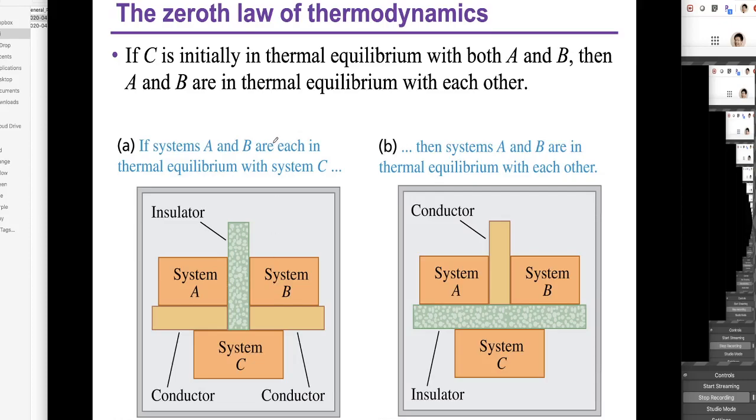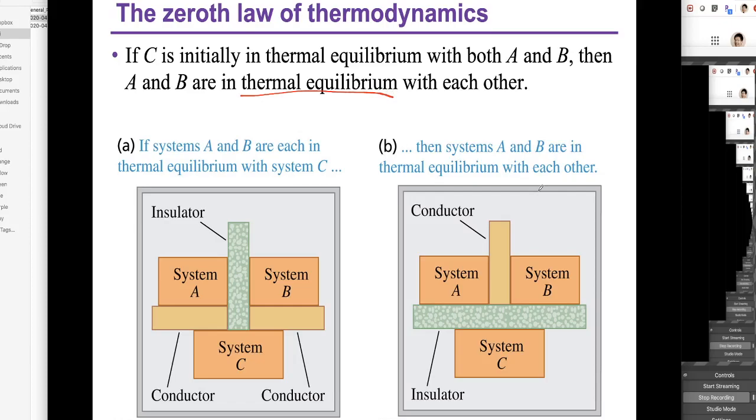have thermal equilibrium. Because, do you remember? Thermal equilibrium means they have the same temperature. Now, if the temperature of C equals the temperature of A, and meanwhile the temperature of C equals the temperature of B, then of course the temperature of A equals the temperature of B. That means A and B are in thermal equilibrium.